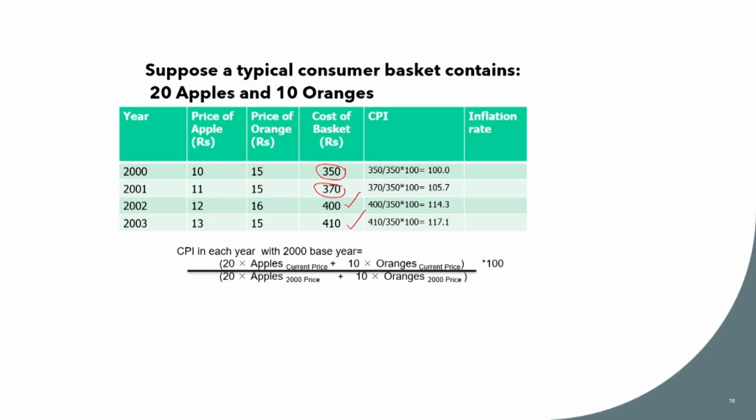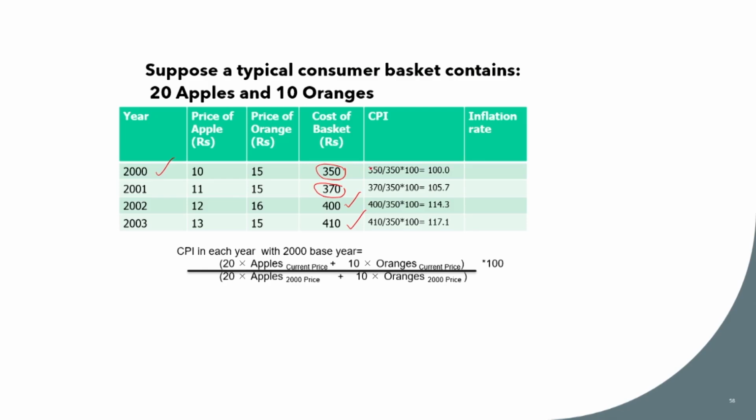Then how do we calculate the CPI here? In order to calculate the CPI, you need to divide the cost of the basket in that particular year by the cost of the basket in the base year. Suppose you want to calculate the CPI in 2000. Here the base year is also 2000 itself.